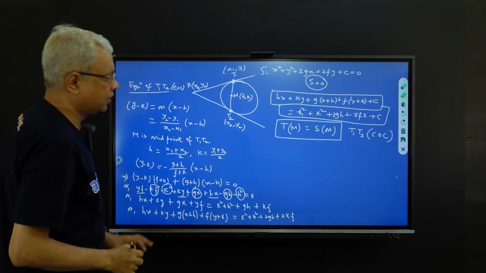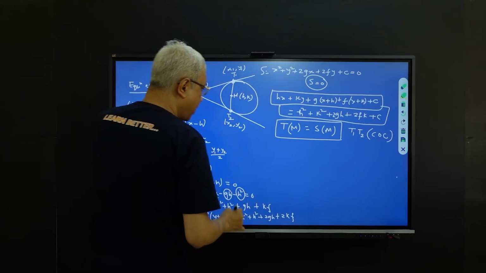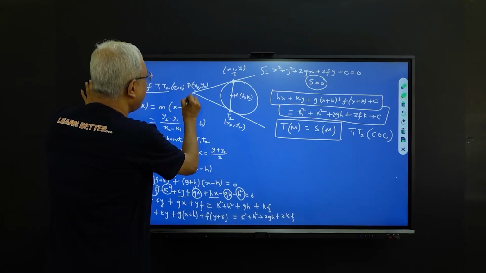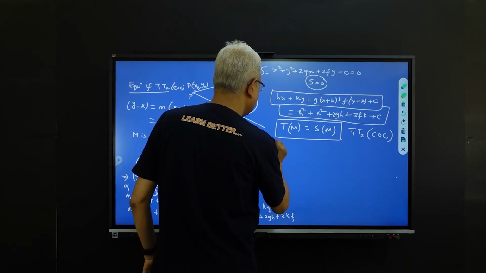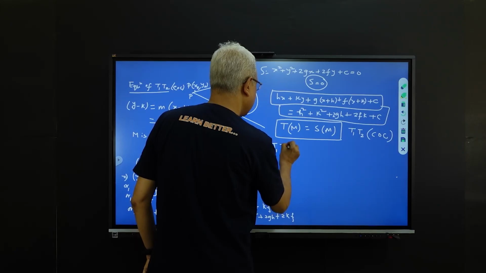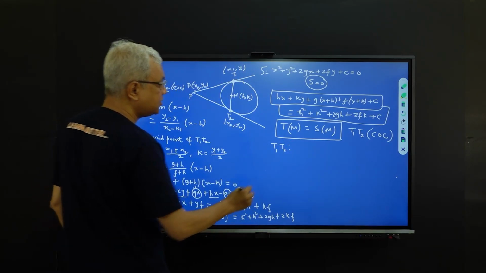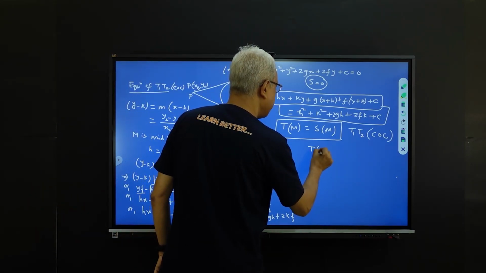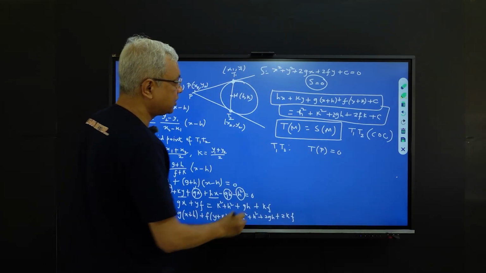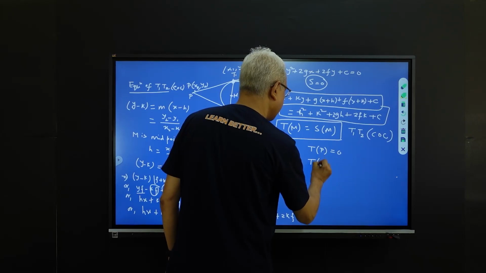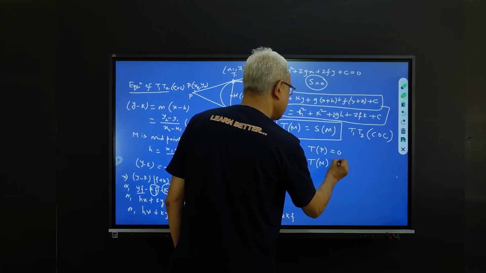So far we have learned that if this point is called P, then the chord of contact T1, T2 can be expressed in two forms. One is actually Tp equal to 0. Another form is Tm is equal to Sm.